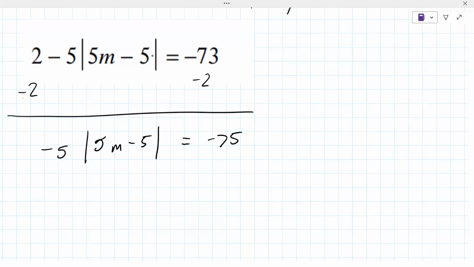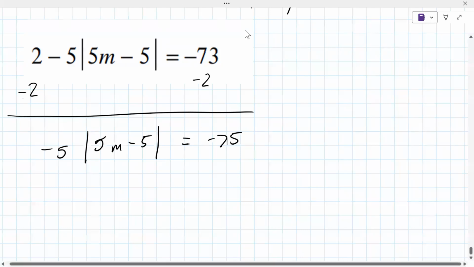So I got m equals 18/5 and m equals -8/5.